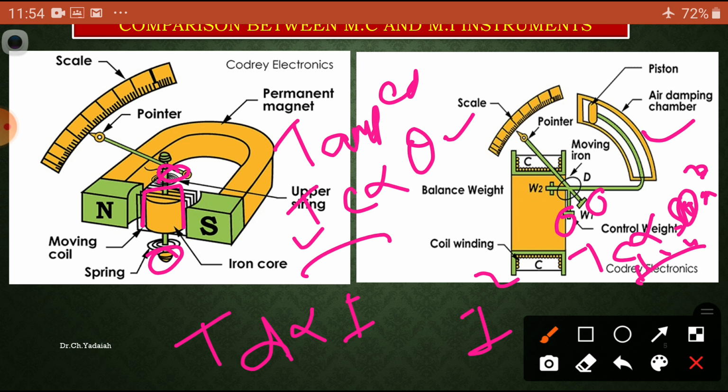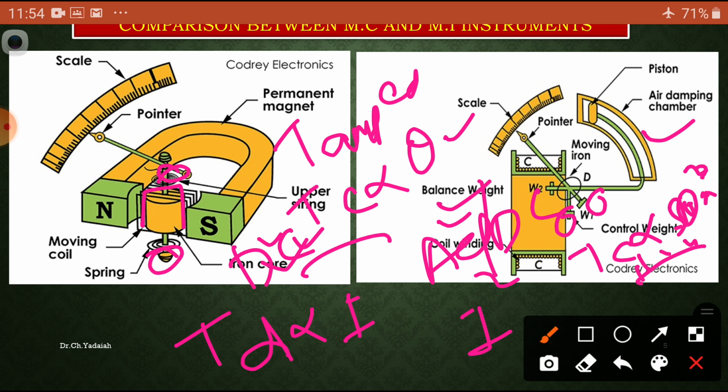Due to this, the construction is very delicate and sensitive, hence I can use it only for DC purposes. Whereas in the other, the construction is very robust and reasonably accurate, so I can use it for both AC and DC measurement.